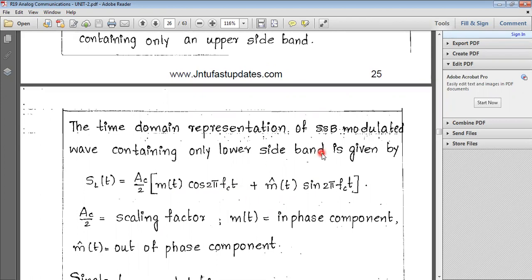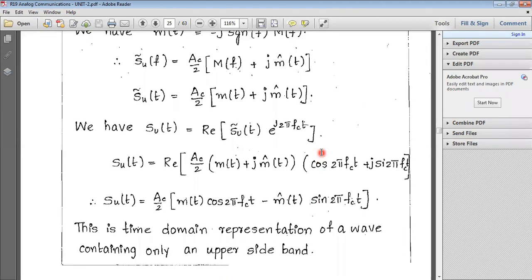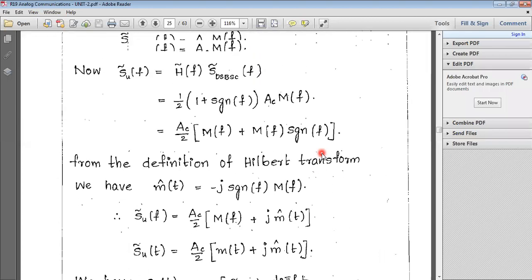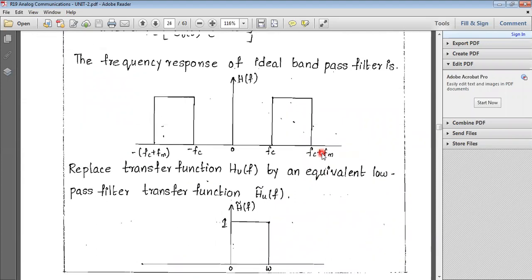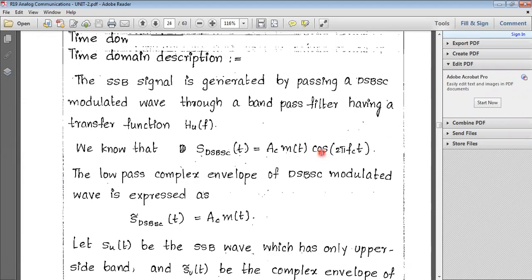So once again, let me give a brief description. To know the time domain, how we can generate it, the main key point is that the SSB signal is generated by passing the DSBSC modulated wave through a band pass filter. For mathematical analysis, here we consider the transfer function for the band pass filter.